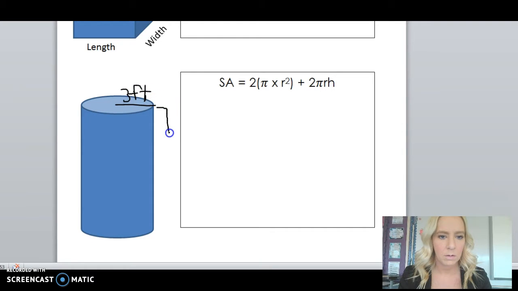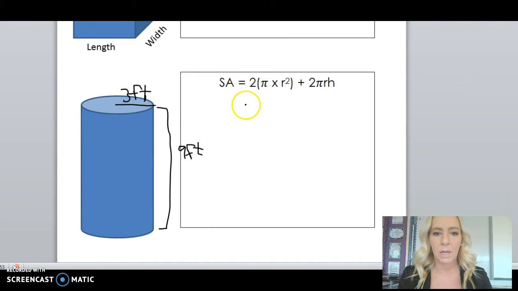And our height will make 9 feet. Alright, so at this point, it's kind of what we call plug and chug, where you're basically plugging in the terms and you're chugging along to fill everything into the calculator.